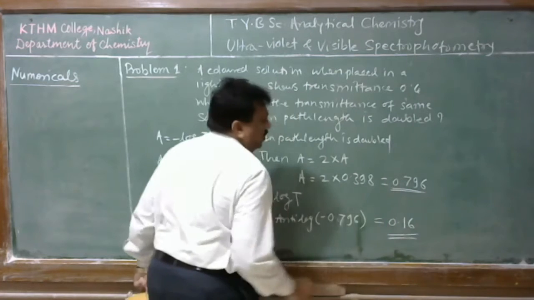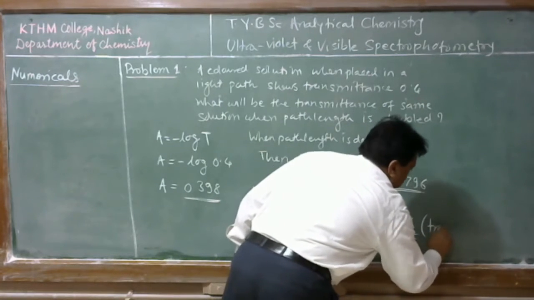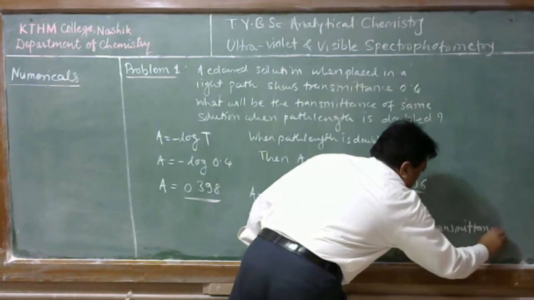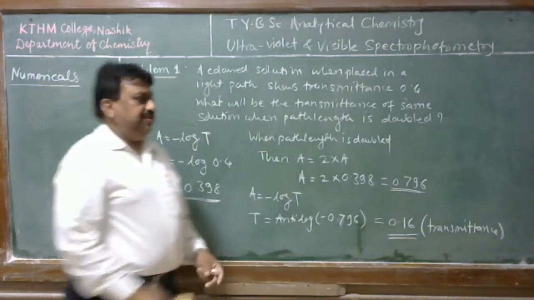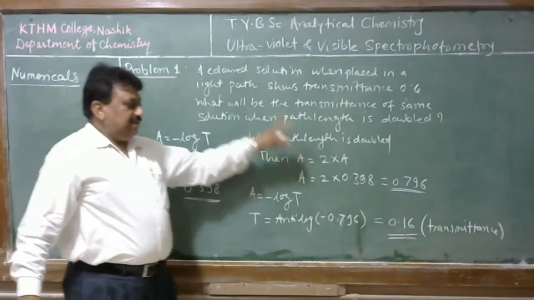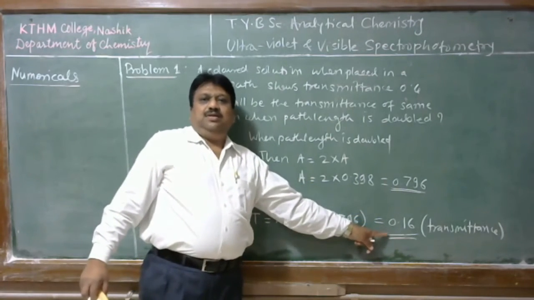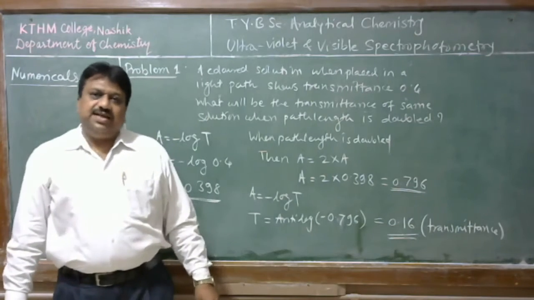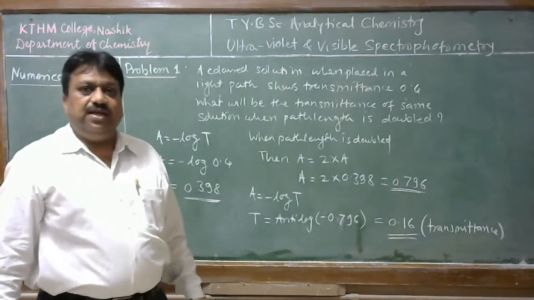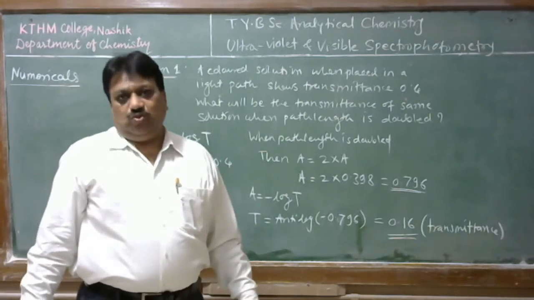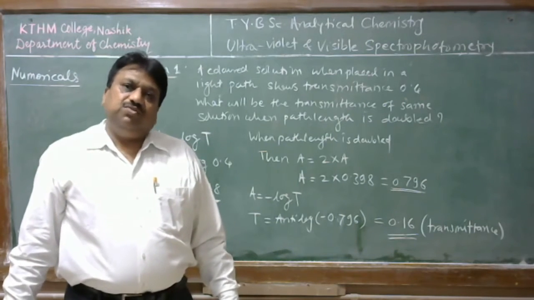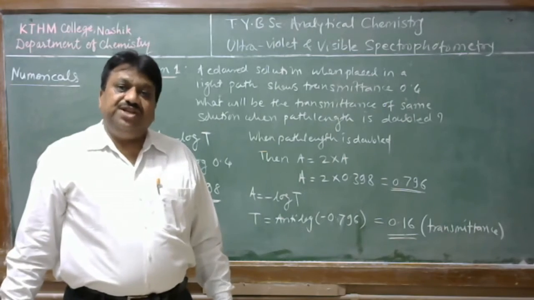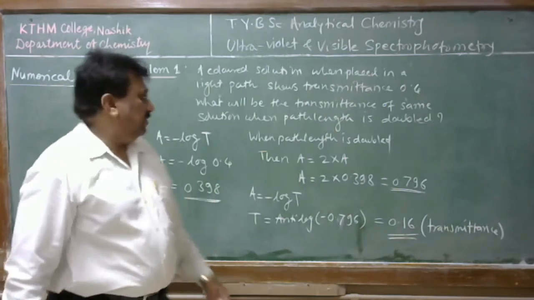Therefore, transmittance decreases to 0.16. Here, as the path length is doubled, the transmittance is equal to 0.16. It indicates that transmittance is not directly proportional or inversely proportional to path length. Transmittance changes exponentially with increasing path length.